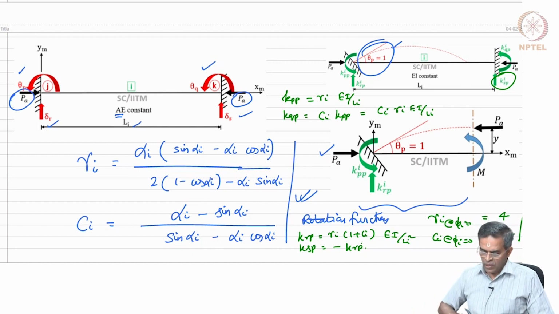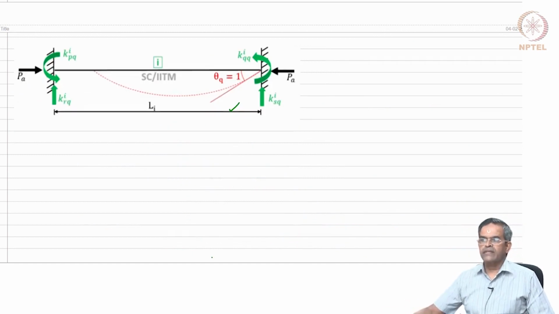Then we gave unit rotation to the kth end and derived the stiffness matrix in the same way.